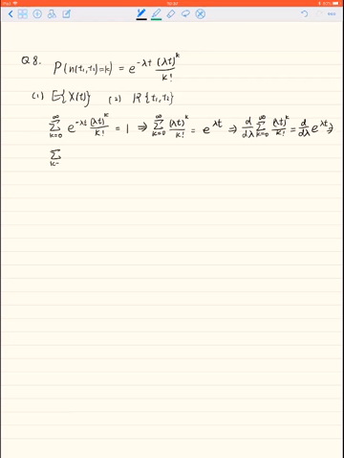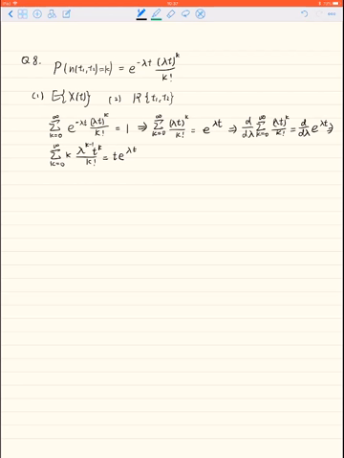That becomes the sum from 0 to infinity of k times lambda to the power of k minus 1 times t to the power of k divided by k factorial, which equals t times e to the power of lambda t.